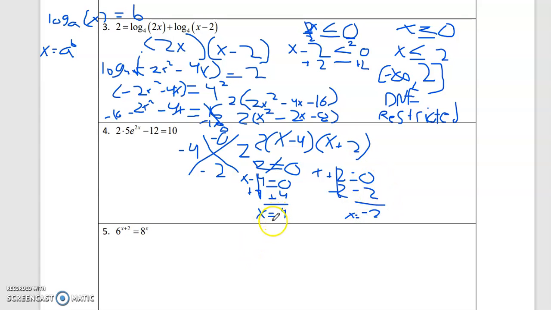So we have x equals 4 and x equals -2. The problem with this is that x can't equal -2 because it is outside the restricted range of negative infinity to 2. So this does not exist, and therefore you are left with the final answer of x equals 4. And just to clarify, like my past problems, x equals 4 is the answer to number 3.